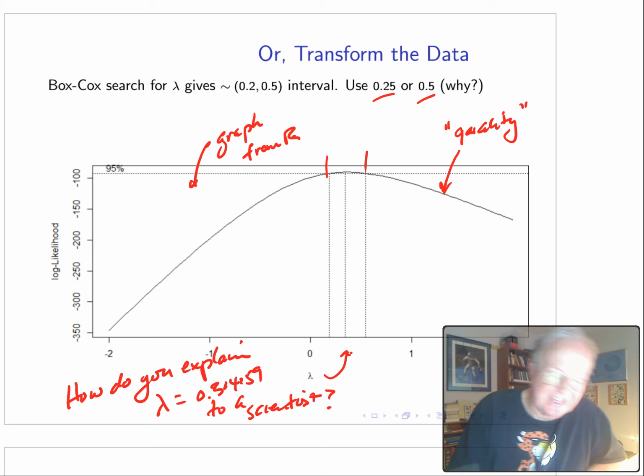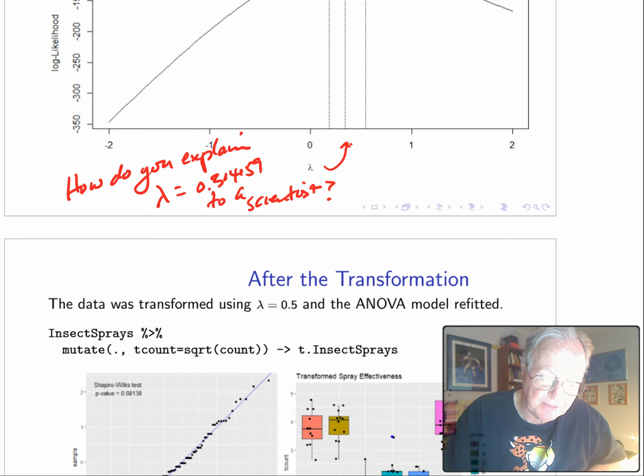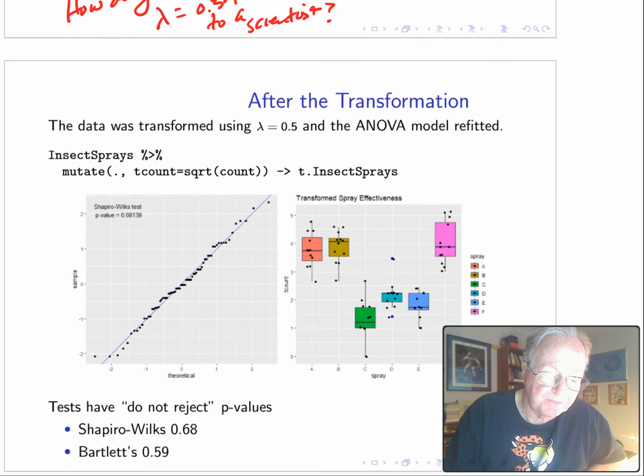You probably can't, but fourth roots or square roots, things like that, even cube roots, are pretty easy to explain based on physical or biophysical properties. So we might want to keep that in mind when we pick a transformation.